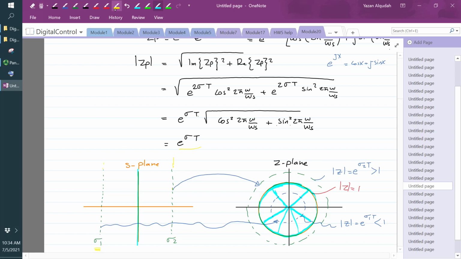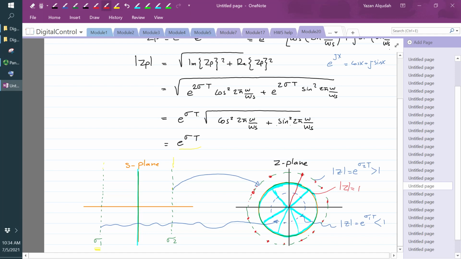What is the magnitude if I am along this circle? The magnitude of the pole here is going to equal e to sigma 2 multiplied by t. The magnitude is the same here. It has a real part, imaginary part, but if I take the magnitude, it is going to equal e to sigma 2 multiplied by t.